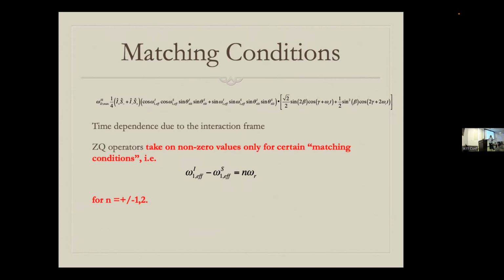We have to think about this additional oscillation, and the right combination of frequencies that make this have a non-zero overall average is that omega 1 effective for I has to differ from omega 1 effective for S by n omega r, where n could be 1 or 2 for the dipole coupling or 0 for the J coupling.